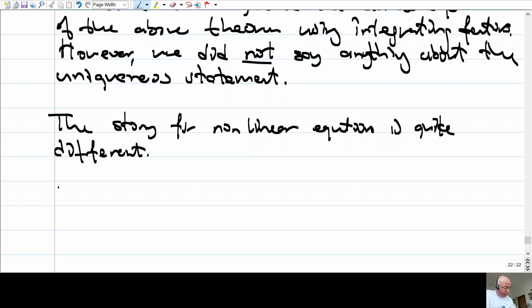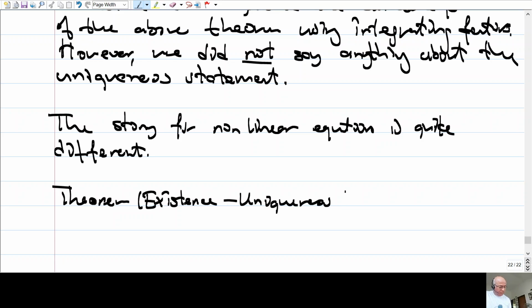Let's state the theorem. Existence uniqueness theorem for first order ordinary differential equations.